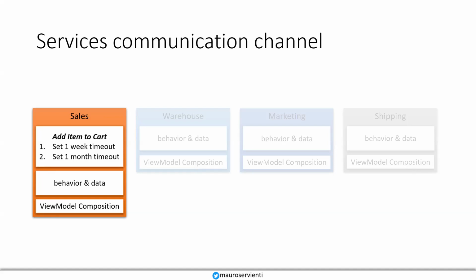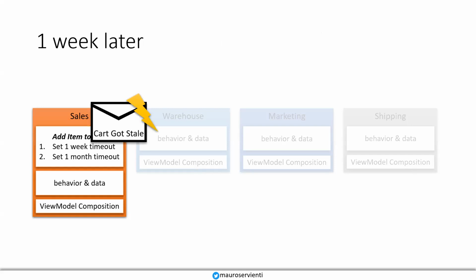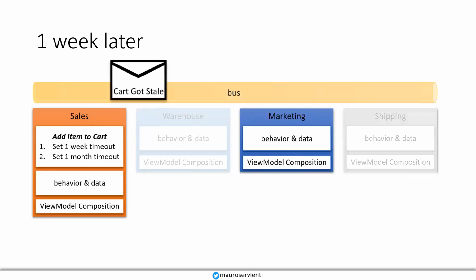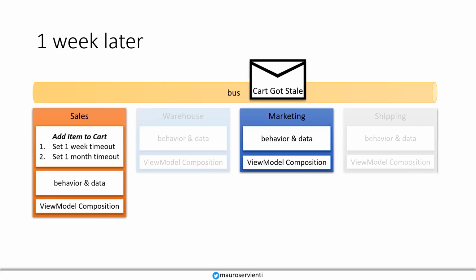And whenever the first timeout fires, so expires, we have a kind of a cart got stale event that sales publishes. It goes to a bus, that is the communication infrastructure, and that information is interesting for marketing. Marketing had nothing to do with the cart when adding items, but is now interested in knowing when a cart got stale.